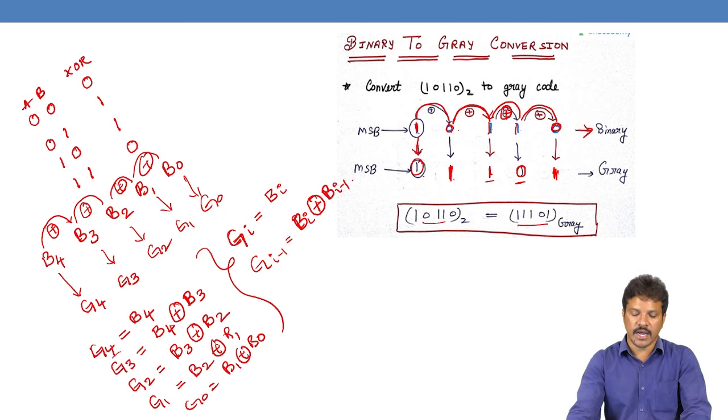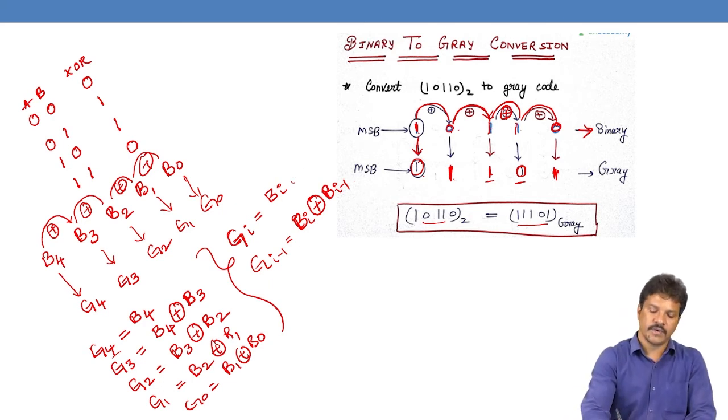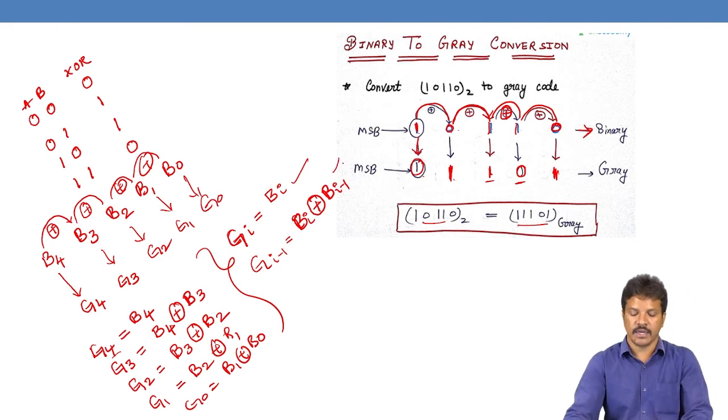When we substitute i equal to 4 down to 0, we get these five gray code equations, so that we can convert binary to gray code.